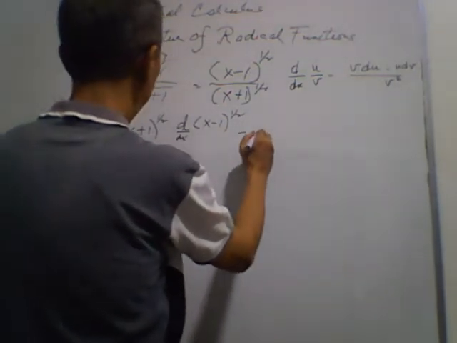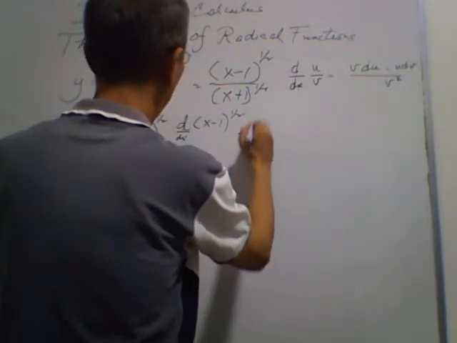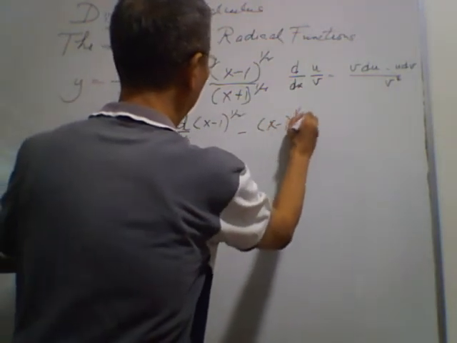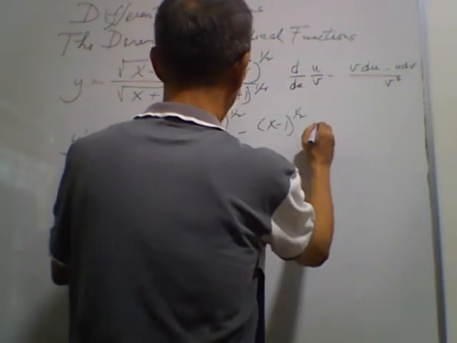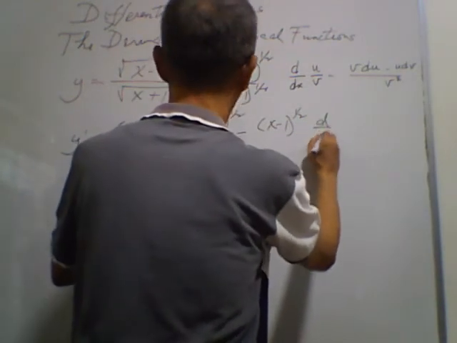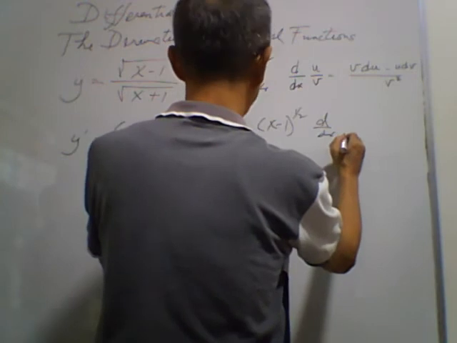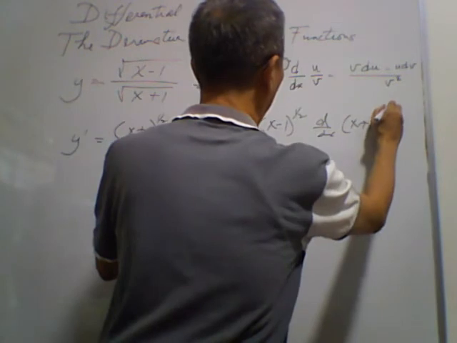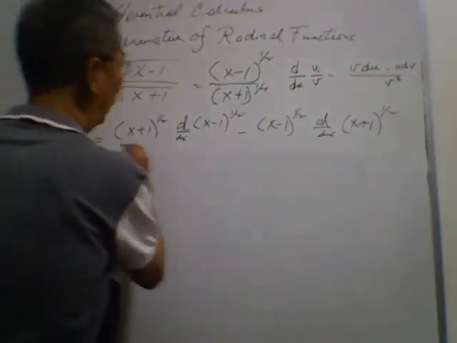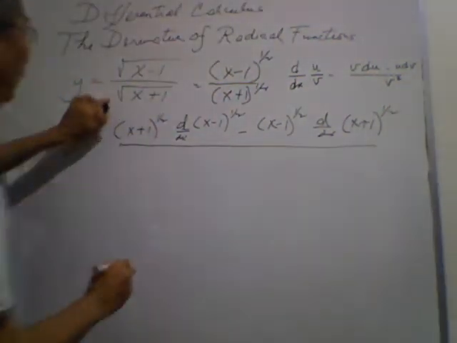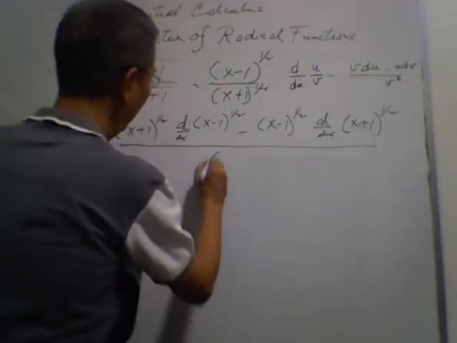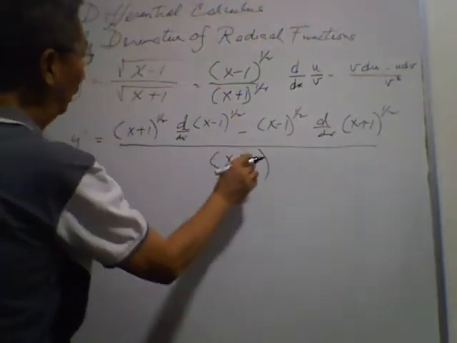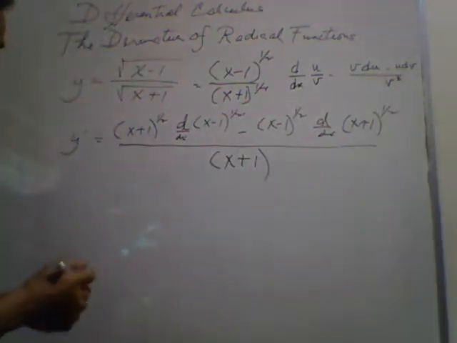Minus u dv, so this one is u, x minus 1 raised to 1 half. dv is the derivative with respect to dx of x plus 1 raised to 1 half. And since we're going to square the denominator, that denominator will become x plus 1. The square of x plus 1 raised to 1 half is equal to x plus 1.